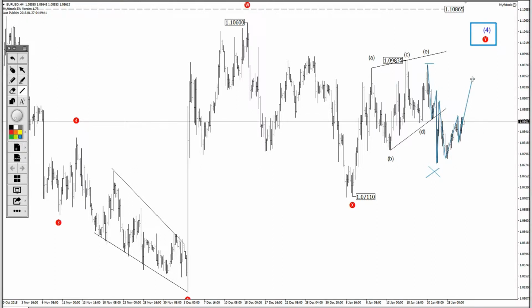So more upside. Hard to say at this point what would be the expected level where this correction would finally end. But at this point, I would say 109.5, 109.7, thereabouts, we can expect this upwards move to reach.